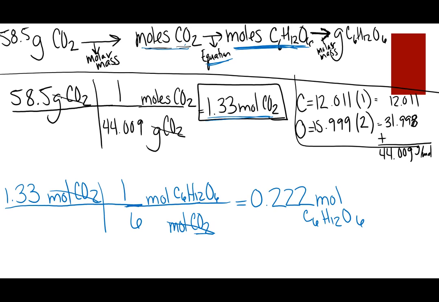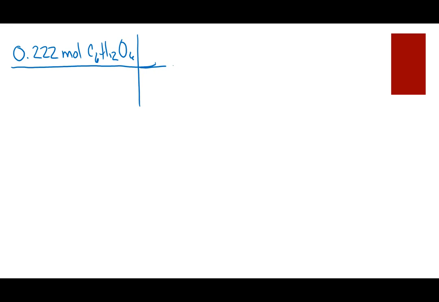Are we done? Well, of course not. It's not asking for moles of glucose. It's asking for grams of glucose. So we have to make this final step from moles to grams. I'm going to click over to the next slide. Starting a new train track, I'm going to take my answer from the previous step and get guided by my units.